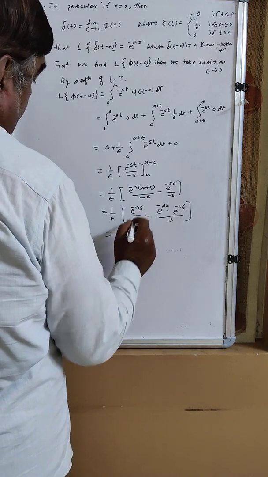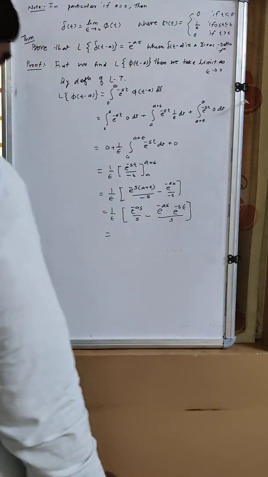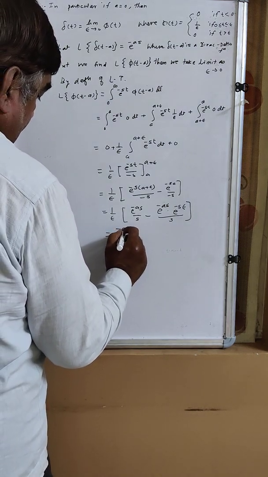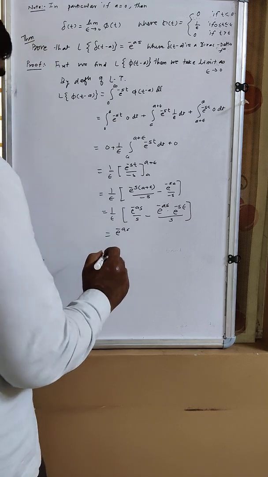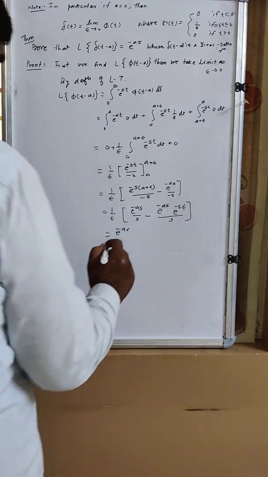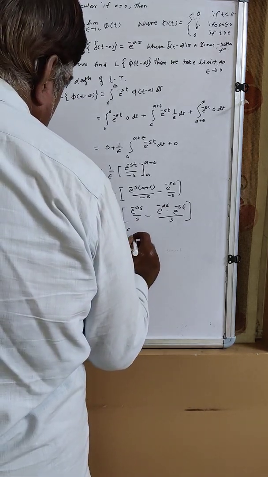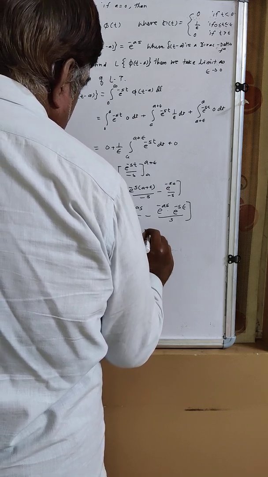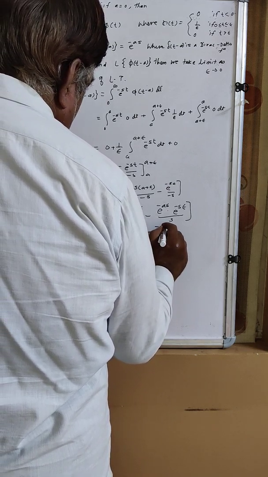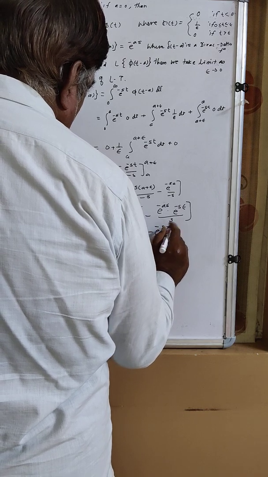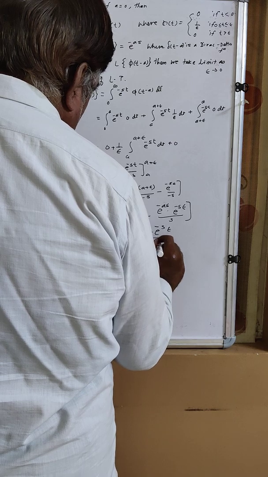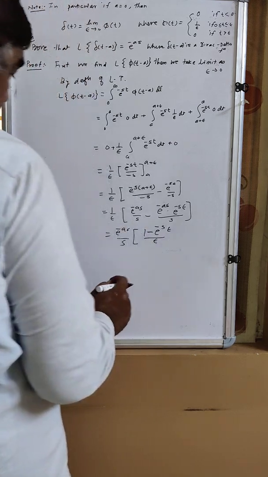Here e raised to minus as upon s is common to both, so it is e raised to minus as upon s times (1 minus e raised to minus s epsilon) upon epsilon. We put this 1 upon epsilon in the bracket.